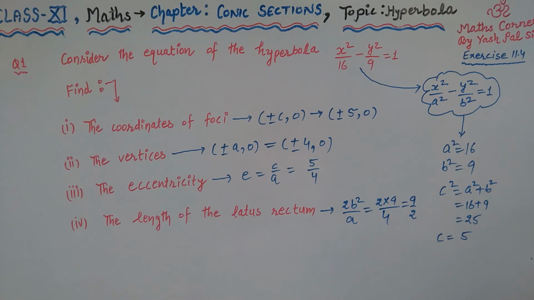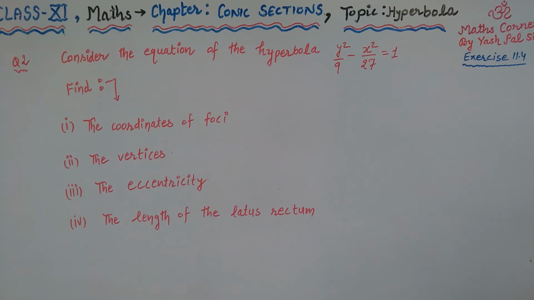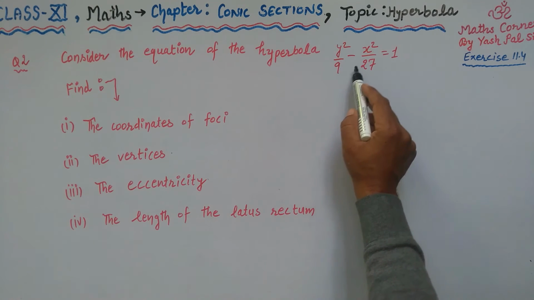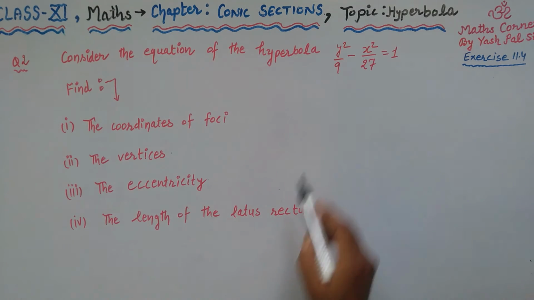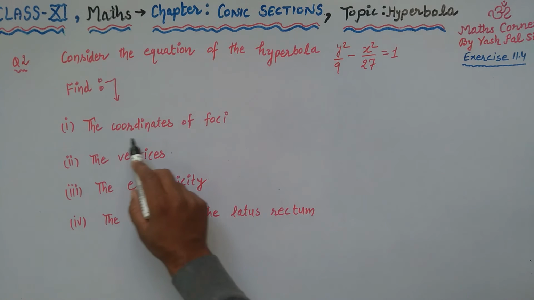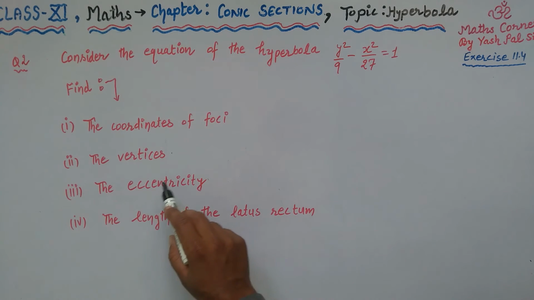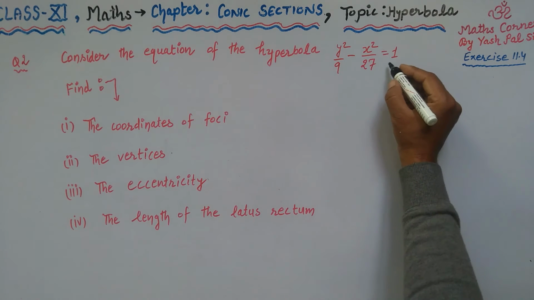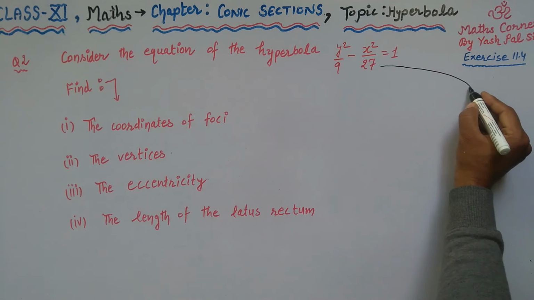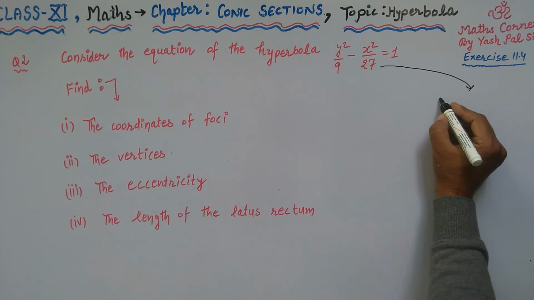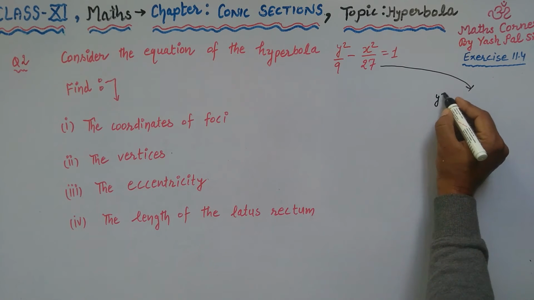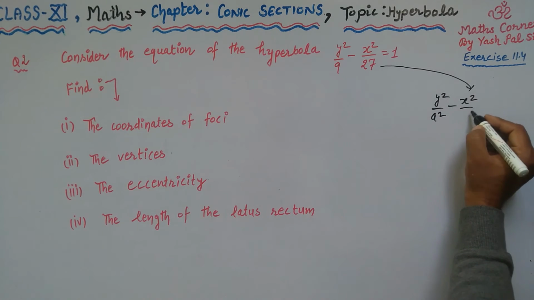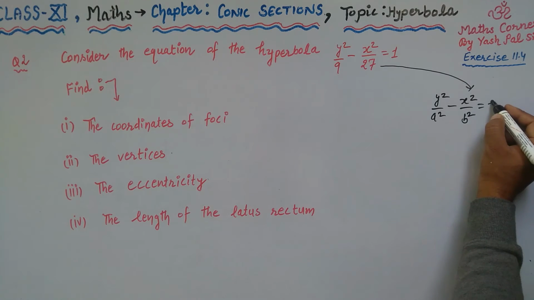Now next question. In question number 2 also we have, consider the equation of the hyperbola y square upon 9 minus x square upon 27 is equal to 1. Then find the coordinates of foci, the vertices, the eccentricity, the length of latus rectum. Again, in the very beginning we compare the hyperbola with the standard form, y square upon a square minus x square upon b square is equal to 1.